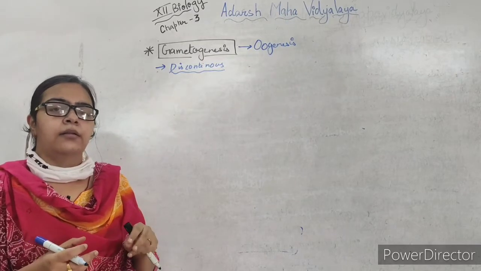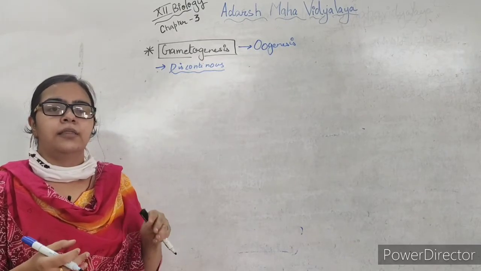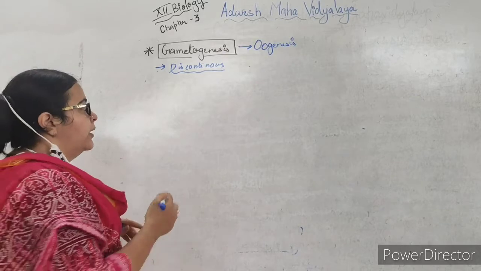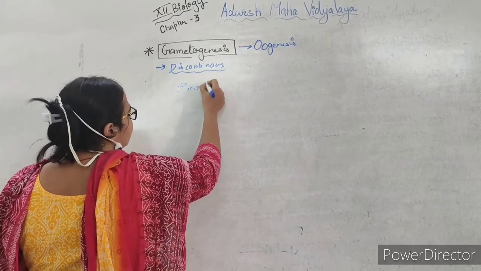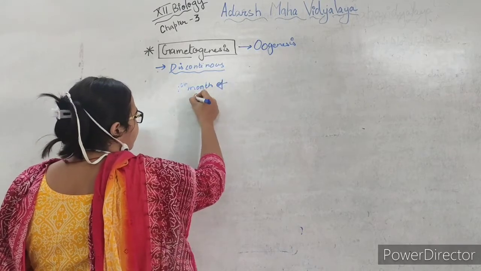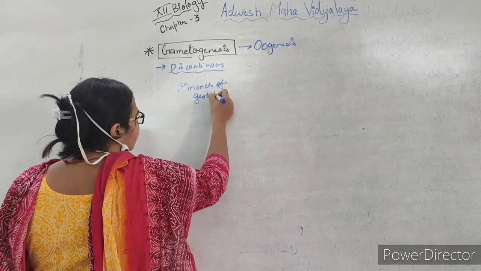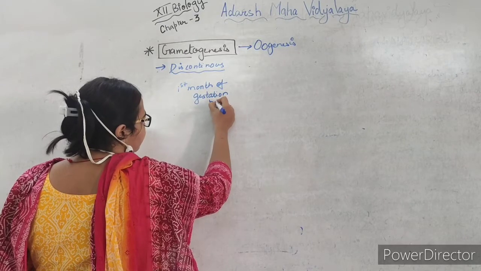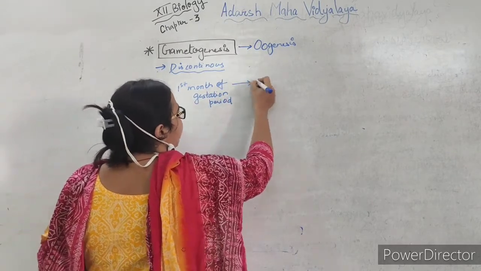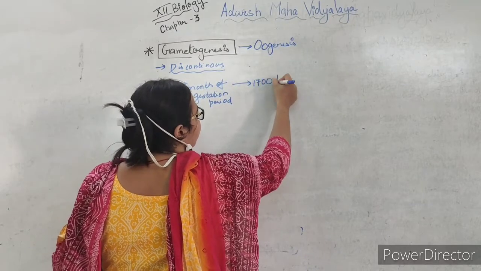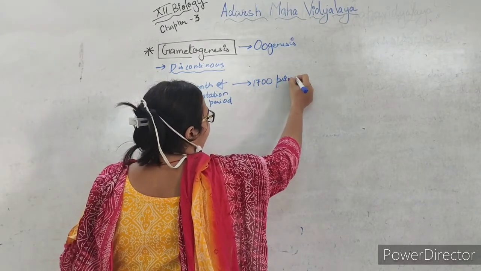When the baby girl is in the womb of the mother, in the first month of the gestation period, some 1700 primary follicles are formed.